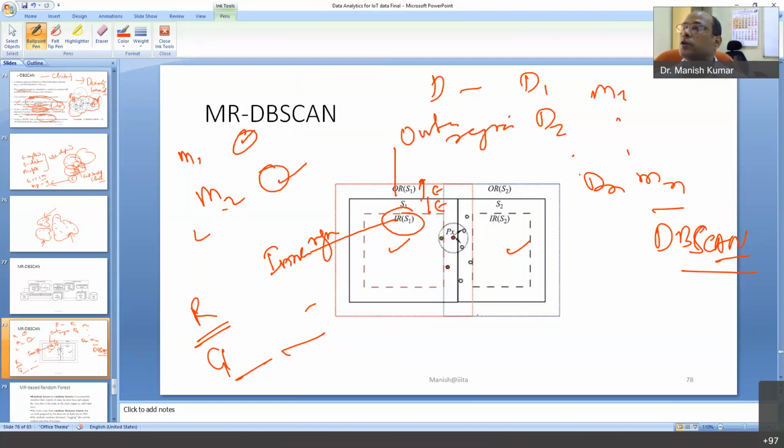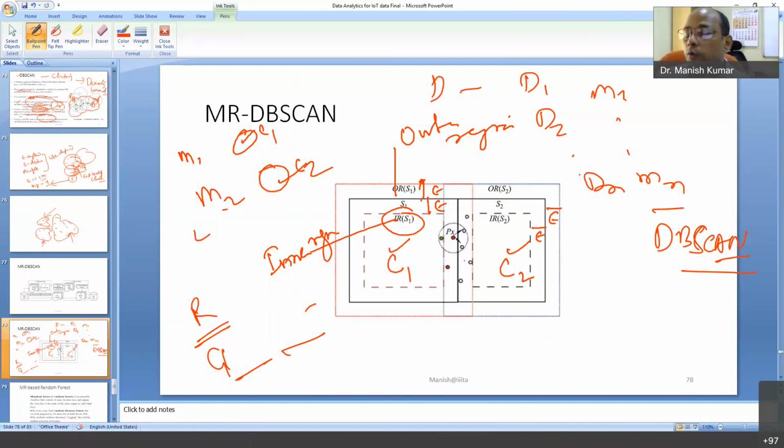This is C1 and this is C2. Now I'm trying to find out whether these two can be merged or not. So I first create the outer region and inner region of both, which is nothing but the epsilon distance, whatever epsilon you decided while doing the clustering.